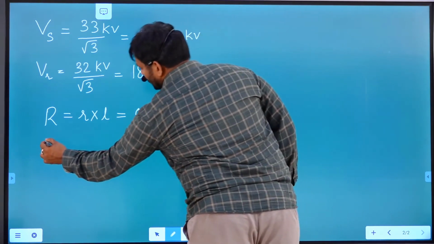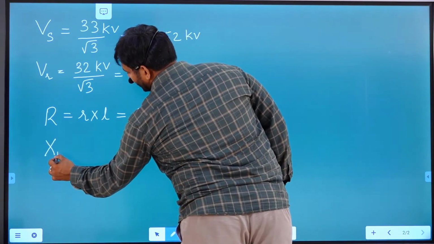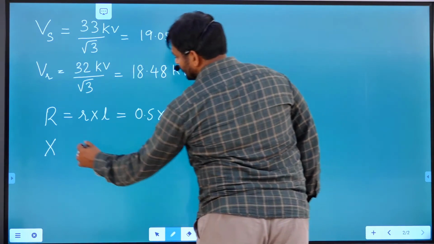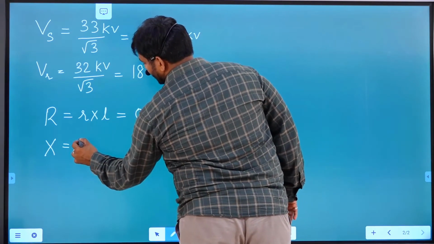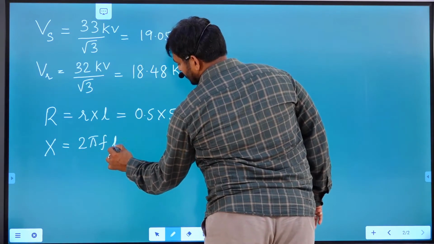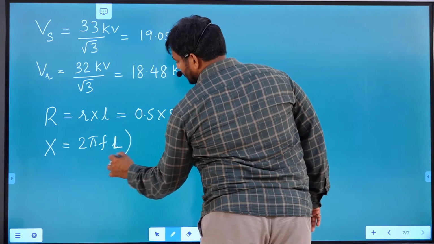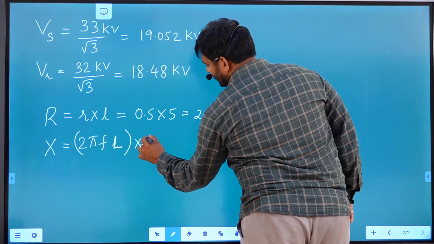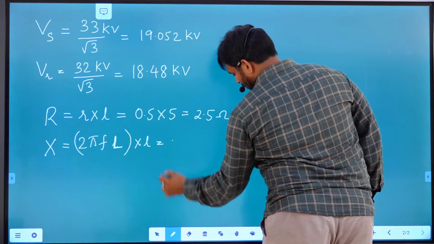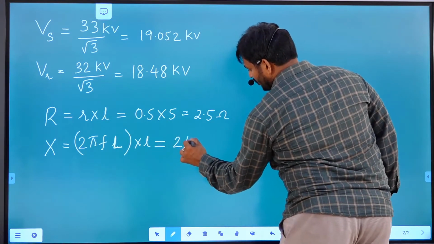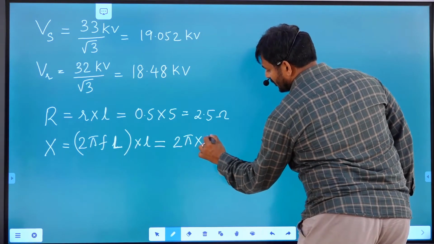Next, you want to calculate the inductive reactance X. The series inductive reactance is 2 pi f L, where L is the inductance per unit length into the length of the line. So it is equal to 2 pi into the frequency 50 Hz.